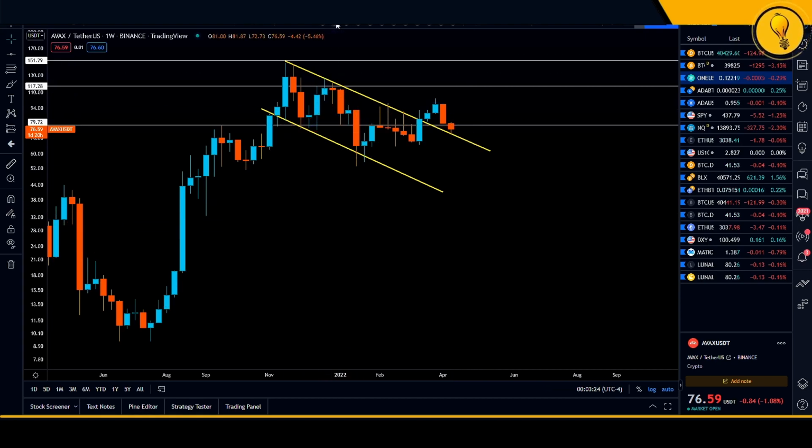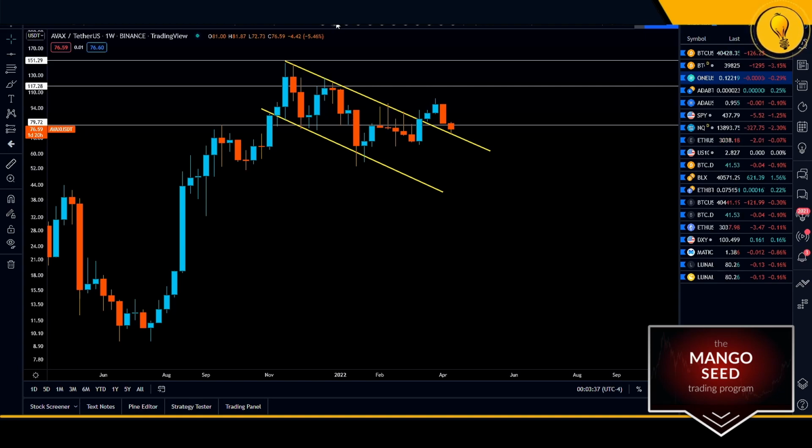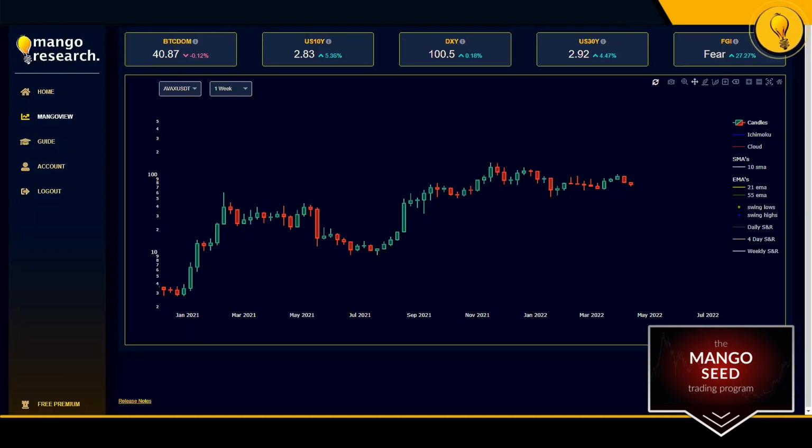As someone who doesn't trade patterns primarily, I do use patterns to visualize my trends. It's a really good way to start off with your trend trading, because patterns allow you to see that we have broken out of the falling channel. But what has it really done? It has initiated a break of the downtrend that Krisha showed you so beautifully on the mango view, when we pulled out those swing lows and swing highs.